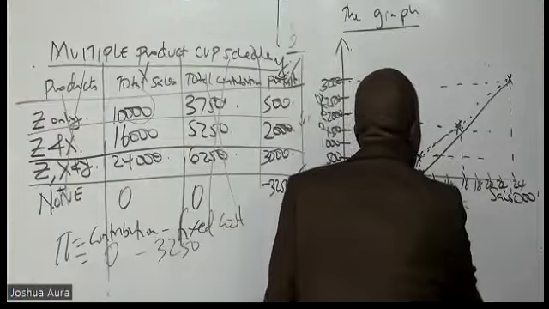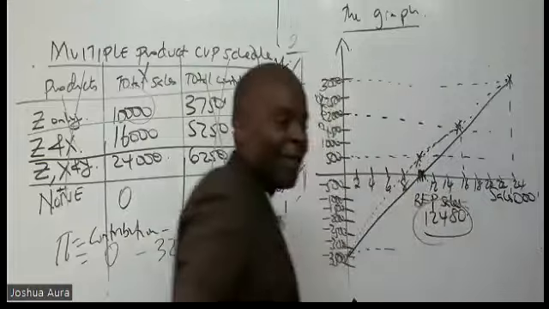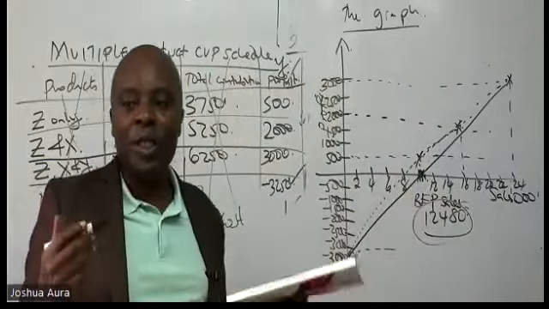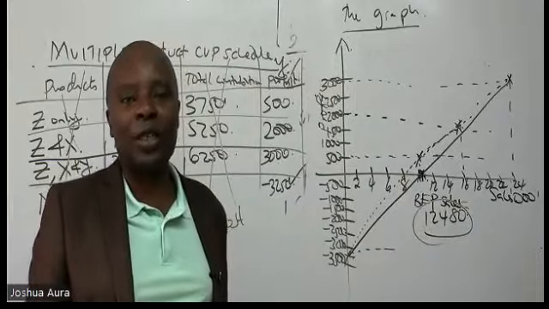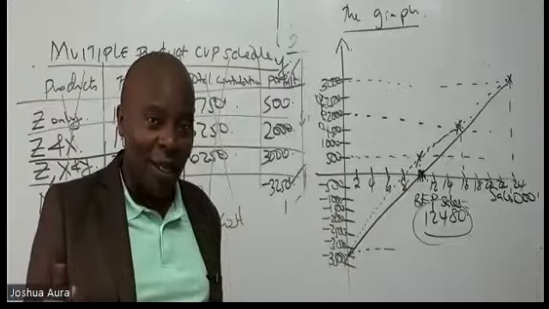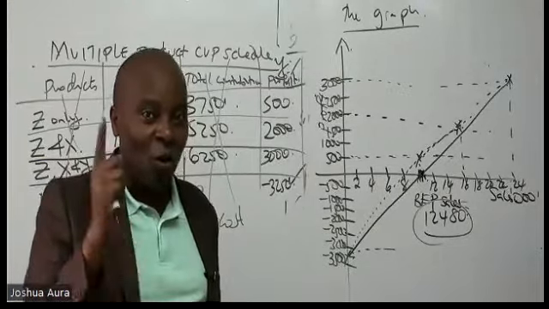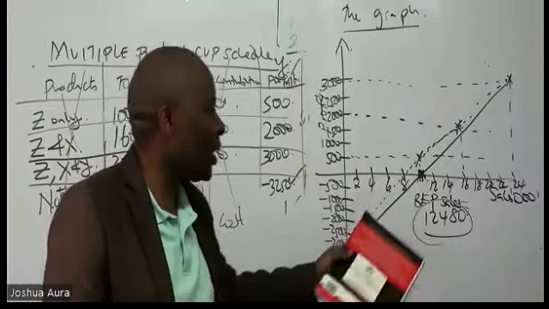It was 12,480. So this is the number you come under and ensure you cheat. You write here 12 point something. You make sure that this one is exactly 12,480, like that. You're trying to cheat the examiner that you are very accurate, right? And you could see that there are students who got 12,500, 12,400. Those are the students who are correct. So for you, take this a notch higher.